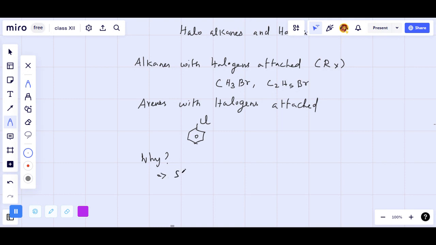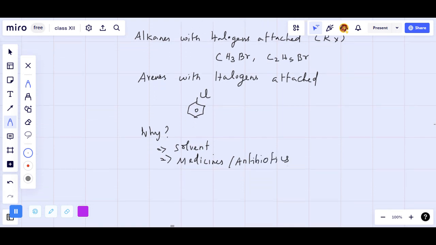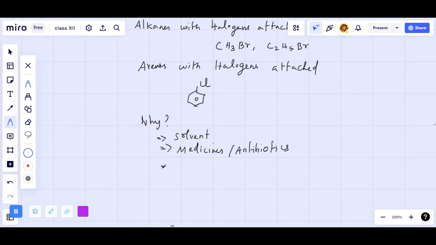It is a very good solvent, and it is used as medicine, like antibiotics. It is also used for making artificial blood, but the research is still going on for this one.